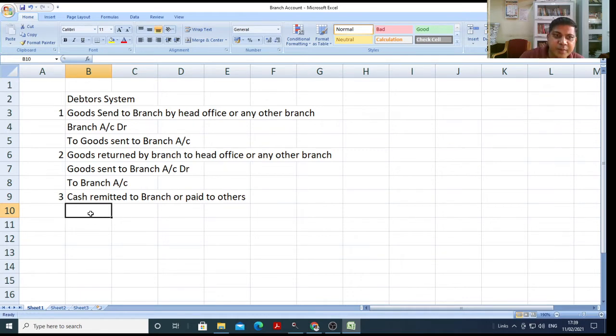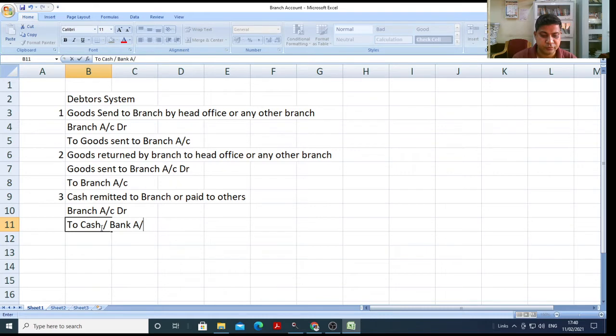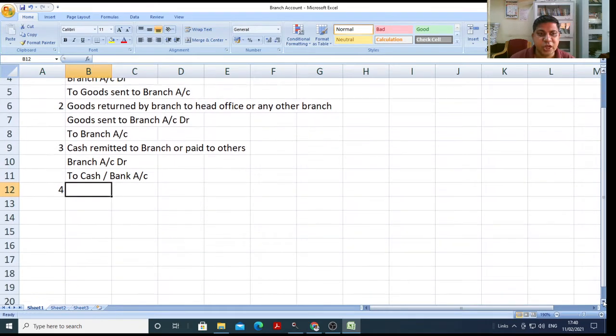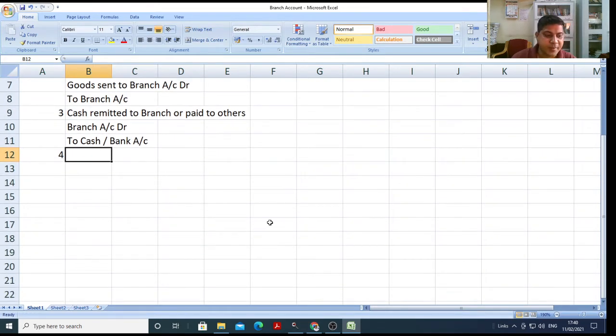Now cash goes out, so the entry will be: branch account debit to cash or bank account. Whenever cash is remitted to the branch, the branch is the receiver, so debit the receiver, the branch account. Cash is a real account: debit what comes in, credit what goes out. The cash goes out, so we pass branch account debit to cash or bank account.